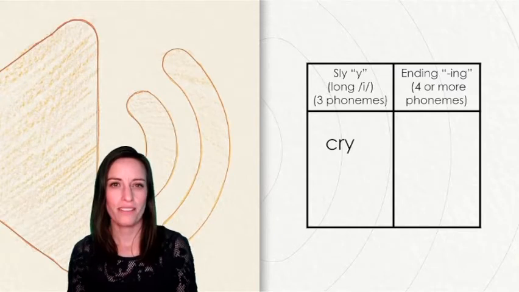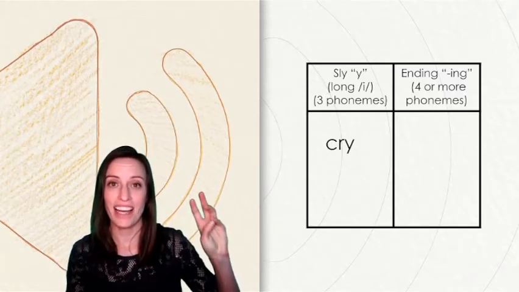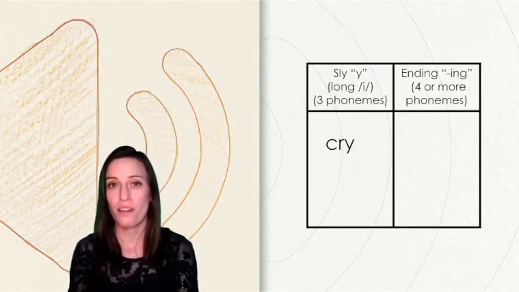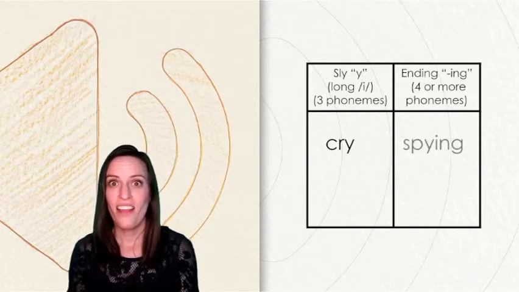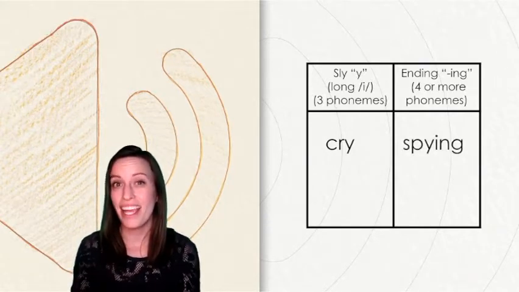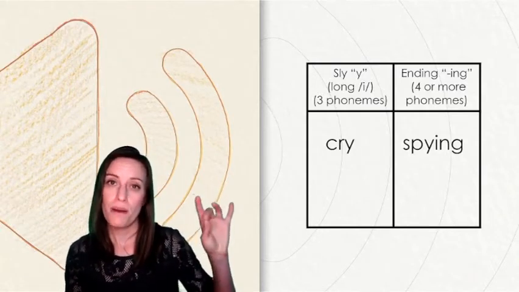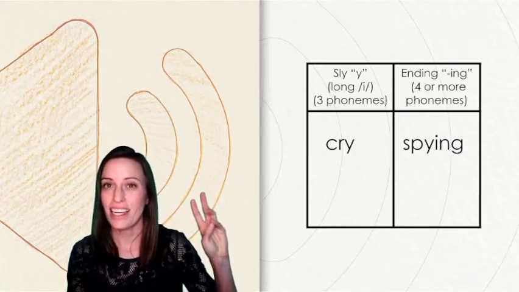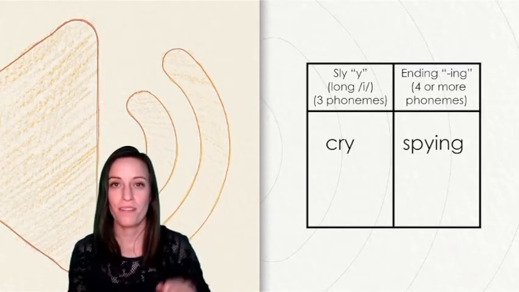Let's tap it out. S-p-I-ing, spying. Which column do you think the word spying belongs in? That's right. The word spying has 4 sounds or phonemes. S-p-I-ing. That last sound, ing, is made by the i and n and g that work together as a unit.